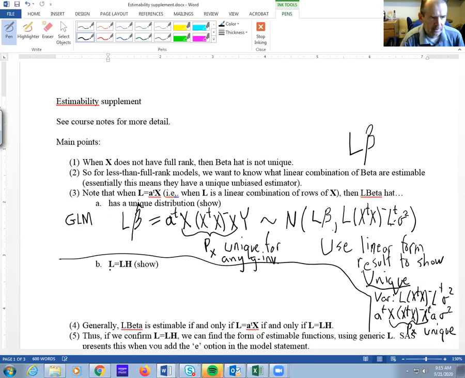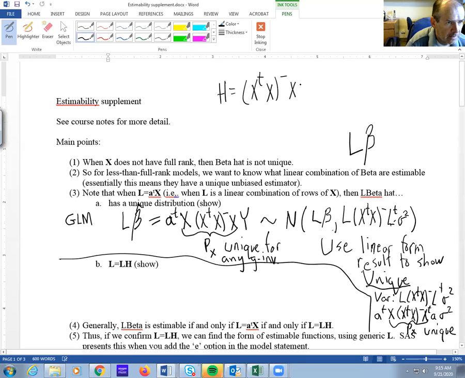But this gives us the tools that we need to analyze our data. So H, for the GLM, is this quantity. That's just an easy way to express that.